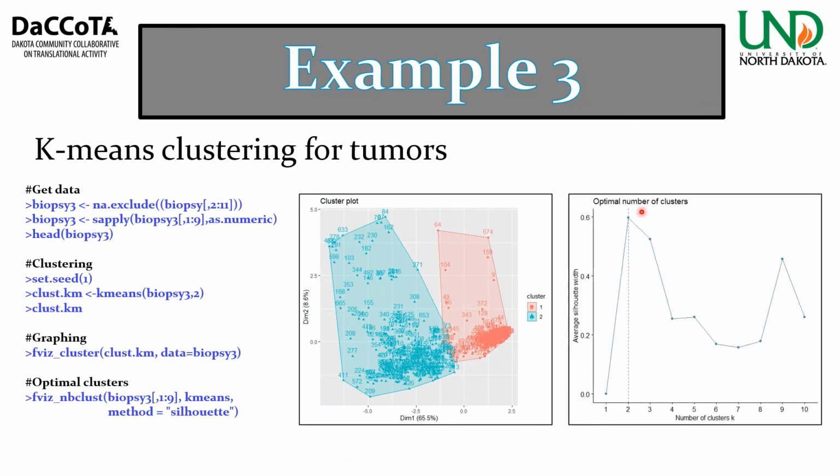And we can see here that, indeed, 2 clusters looks to be the optimal number, which is good because we only have 2 clusters we think are there. So that kind of reinforces that this is accurately telling us that we're trying to distinguish between malignant and benign.